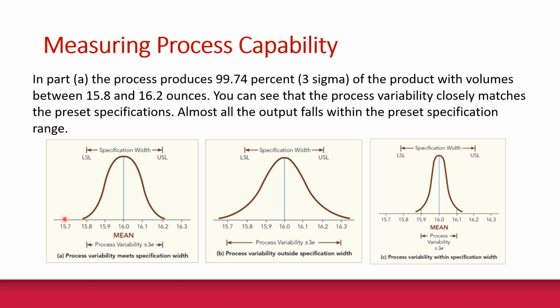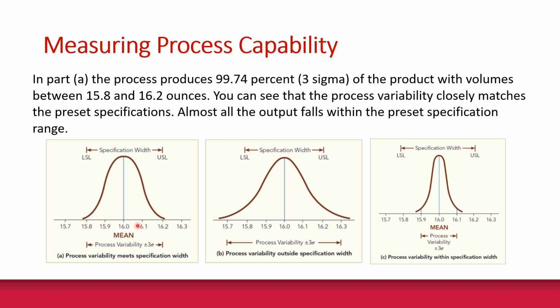So let's look at part A first. In part A, we notice that the top of the chart has the lower specification limit and the upper specification limit. Those are 15.8 and 16.2 ounces. That's where we'd like our product manufactured. The bottom chart shows a histogram of our actual production process. And you can see there's obviously natural variation that we talked about. Not every can is going to be exactly 16 ounces.